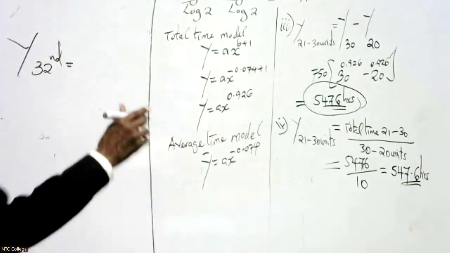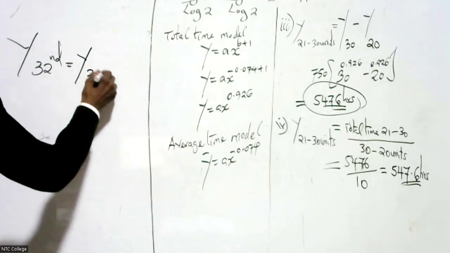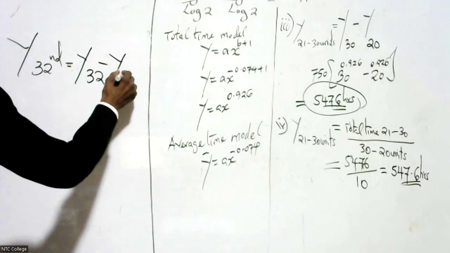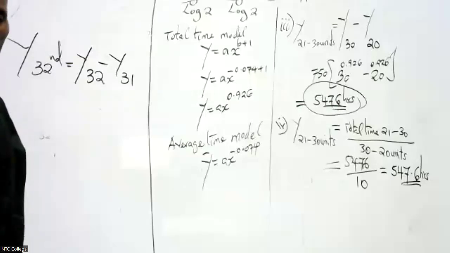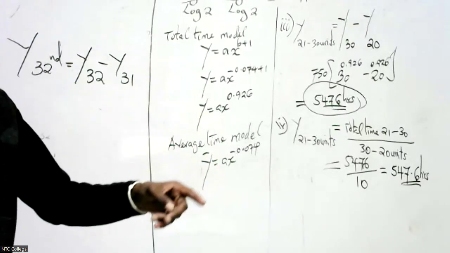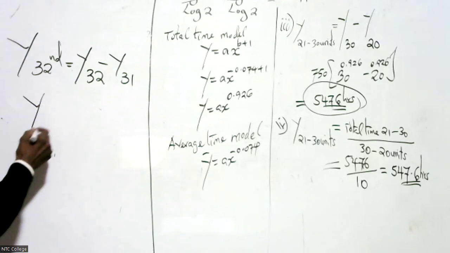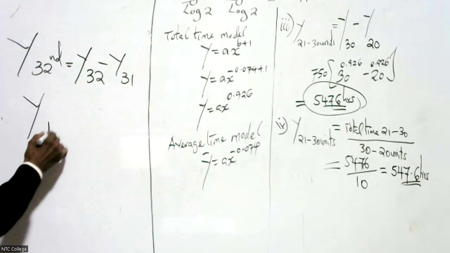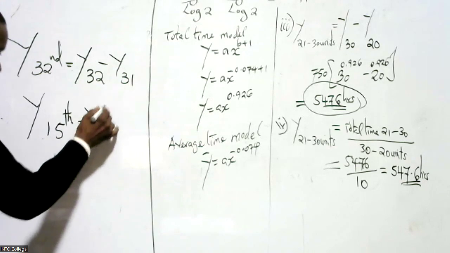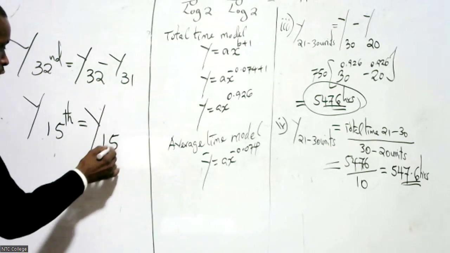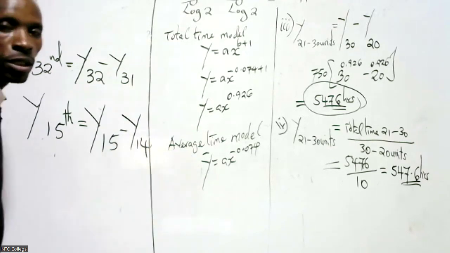Here we go. You take time taken y 32 minus y 31. That is the difference to get the 32nd. Again, you can say time taken to produce the 15th unit: you take total time to produce 15 units minus total time to produce 14 units.